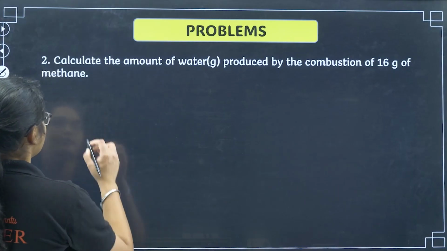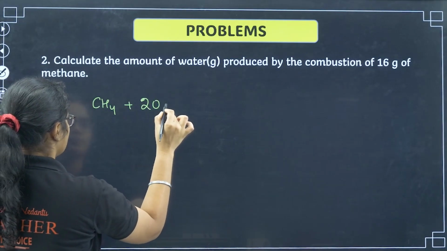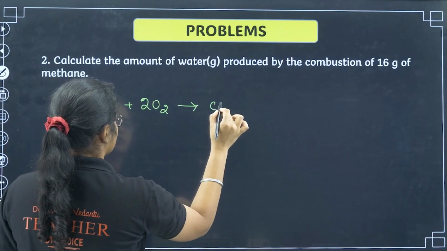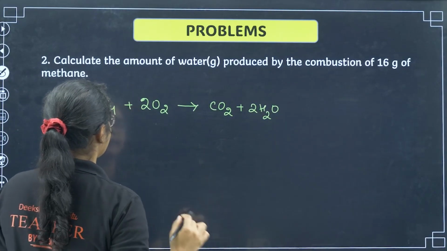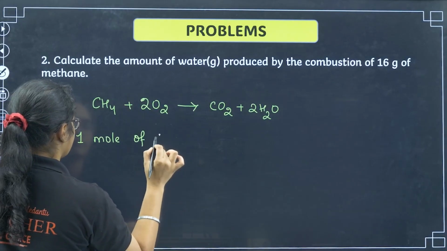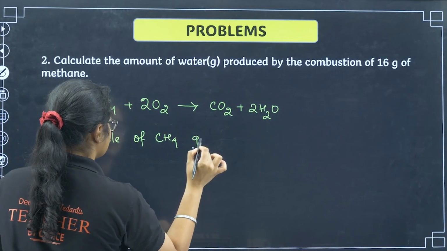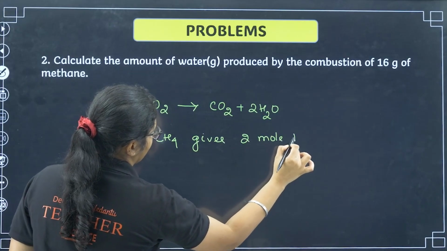Next, how will you write it? You can write like this: CH4 plus 2O2 gives CO2 plus 2H2O. Now what you have to write? 1 mole of methane gives 2 moles of water.